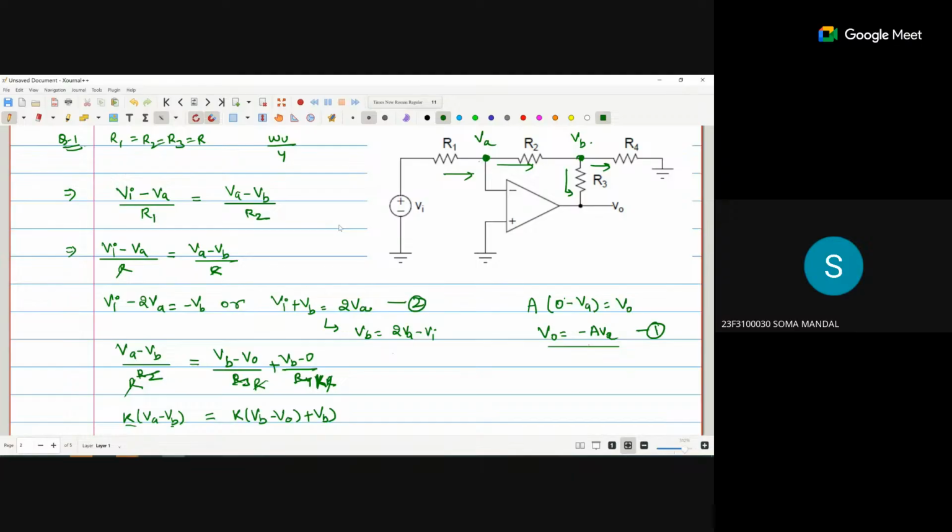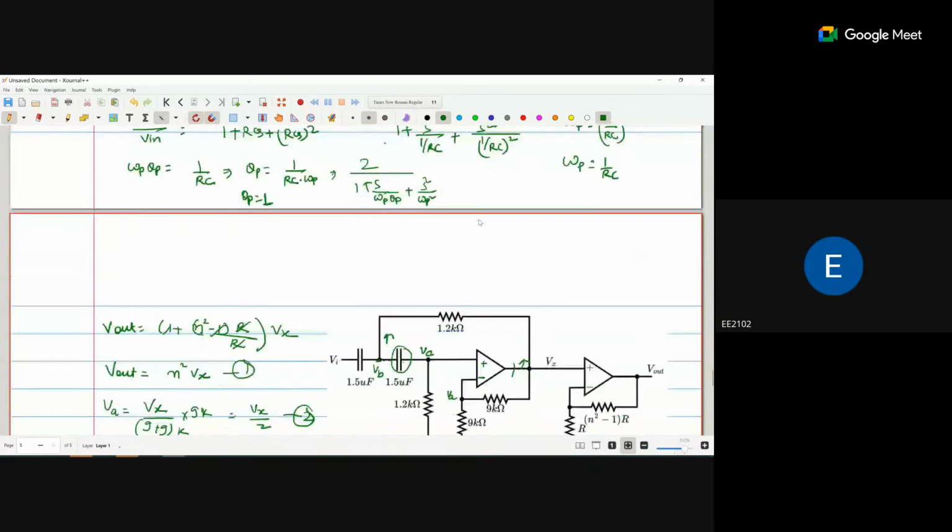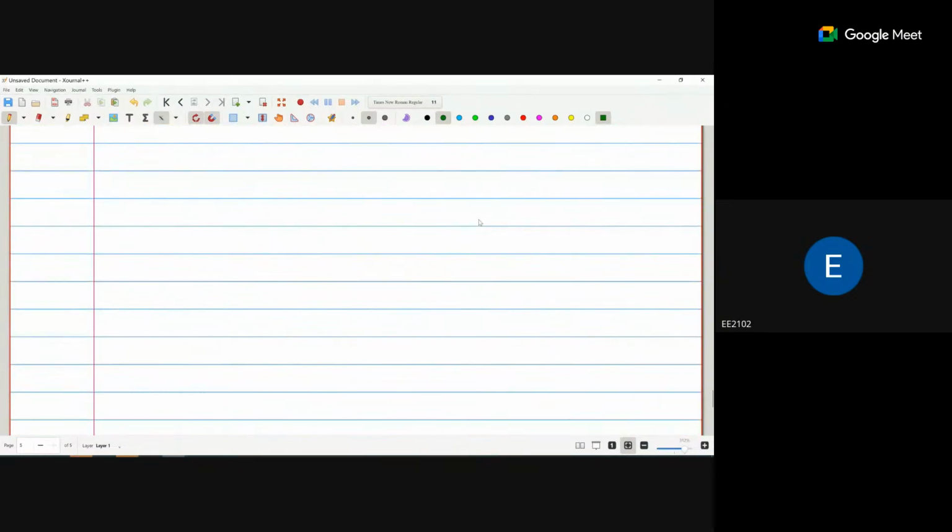I think it is PYQ 2025 August. Okay, last year, previous year quiz 2.